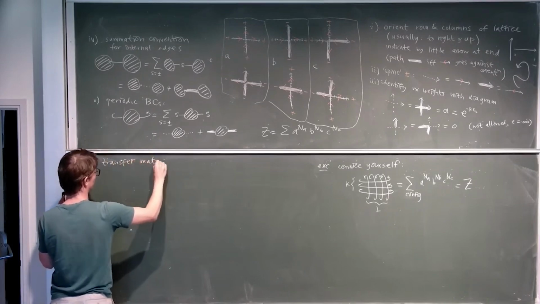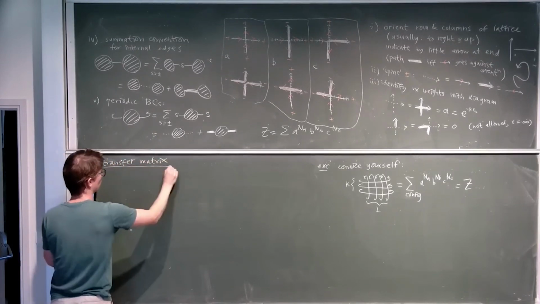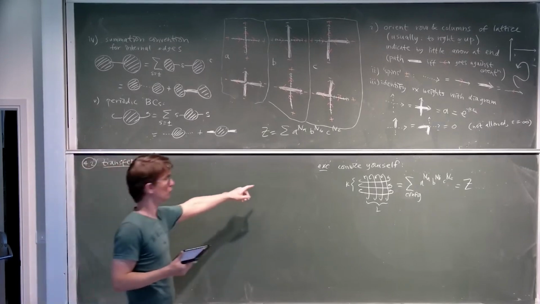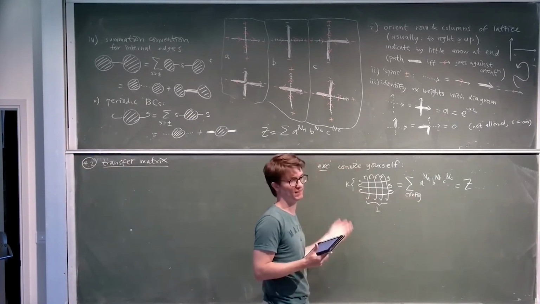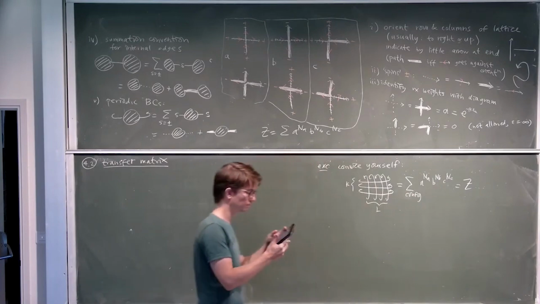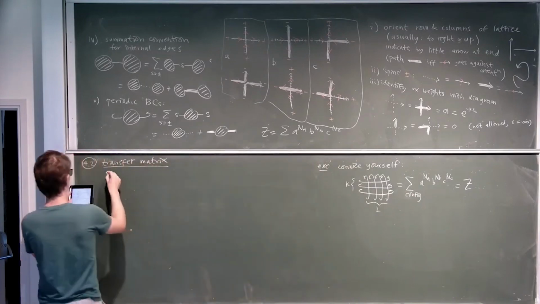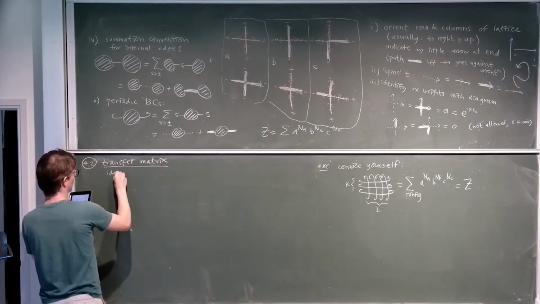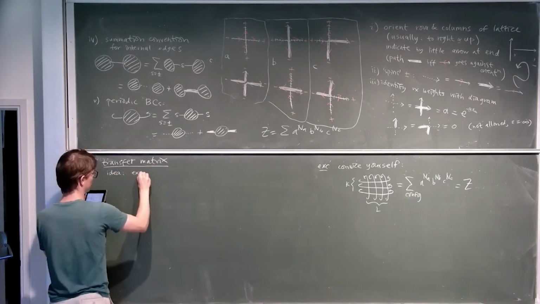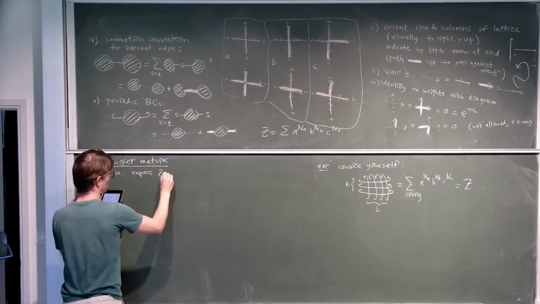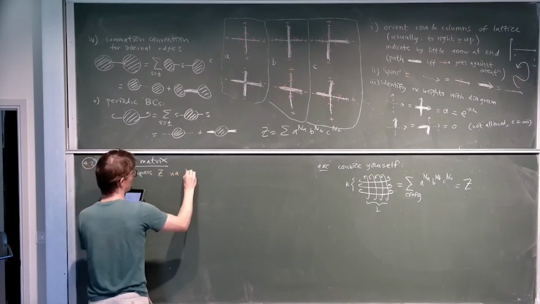So the strategy to understand this partition function will be to cut up this lattice into smaller pieces. So really the idea is we're going to express the partition function Z in terms of linear algebra.